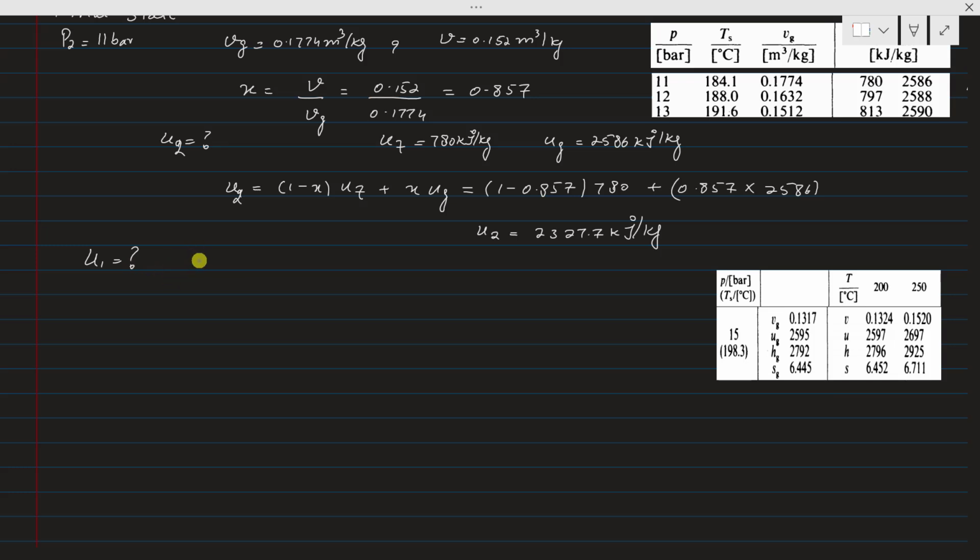At the initial state, the steam pressure was 15 bar and the steam specific volume 0.152 meter cube per kg, and also we have concluded that initially the steam is in the superheated region.